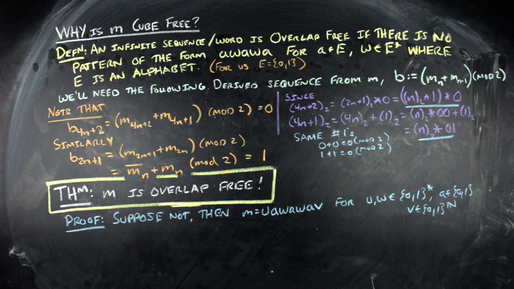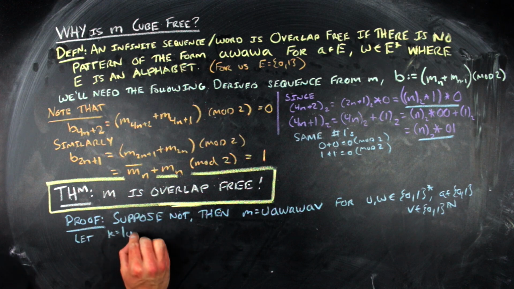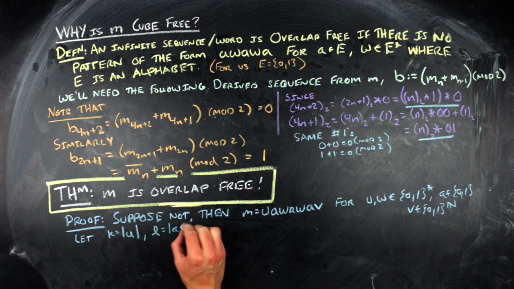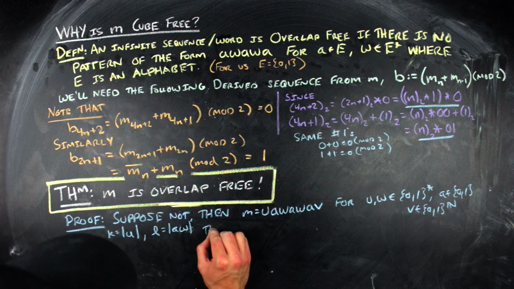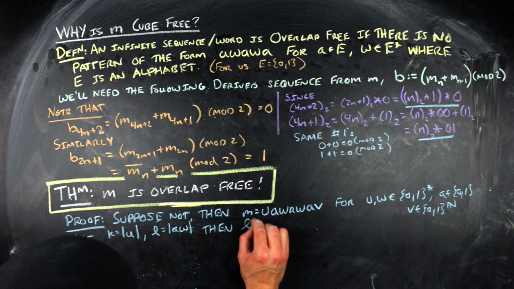Some observations here: we can reformulate this idea of an overlap in terms of equality between positions in the sequence M. To do that, we just have to give some names to things. Let the length of u be k, and let the length of aw be equal to L. So k is greater than or equal to 0, and L is greater than or equal to 1, because aw is required to have a letter of the alphabet inside of it, and w and u are not, because they could possibly be the empty word.